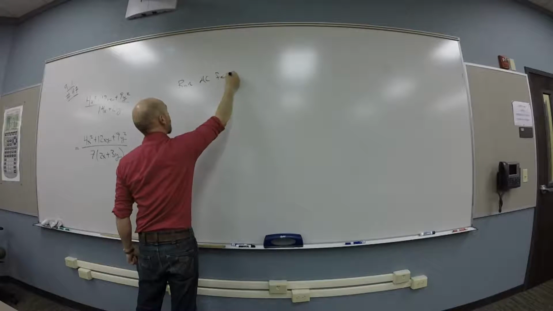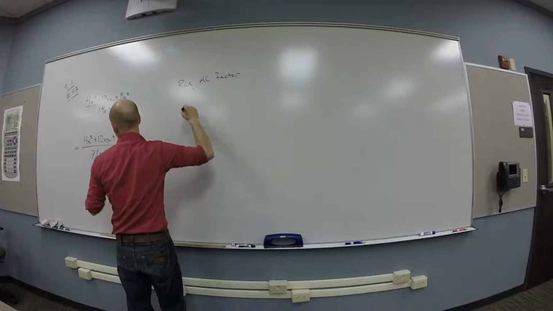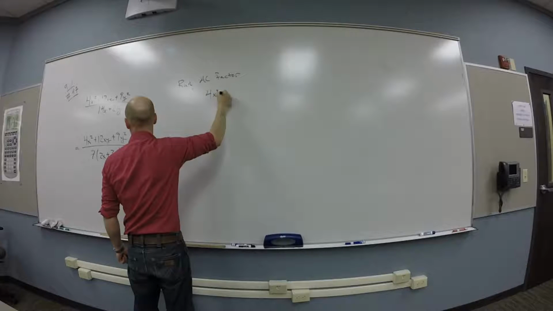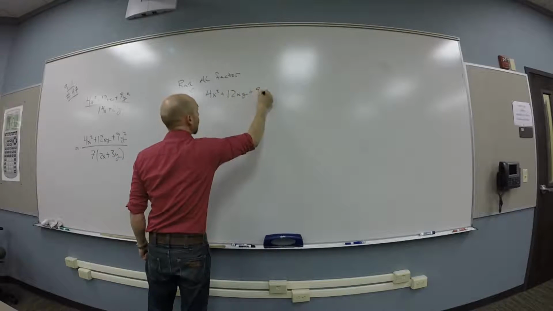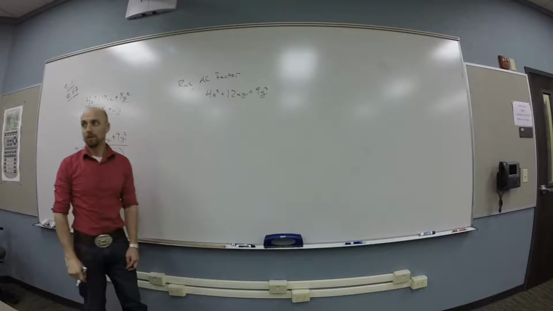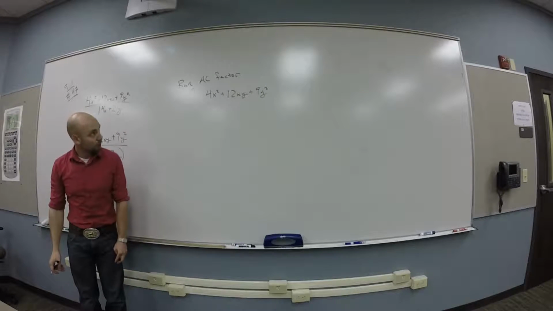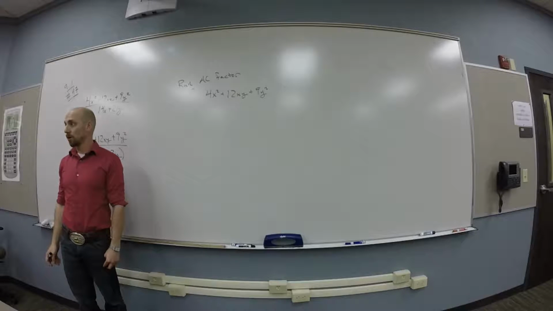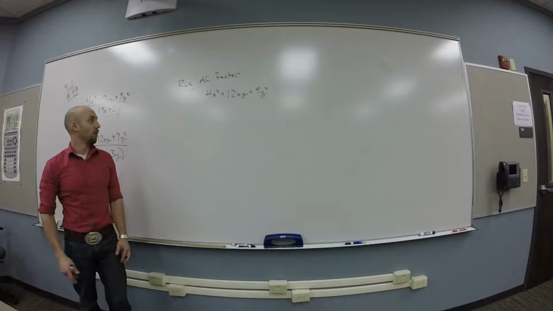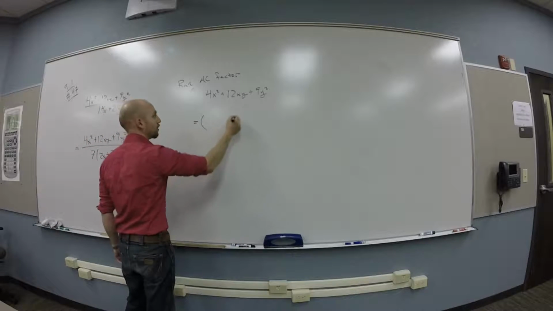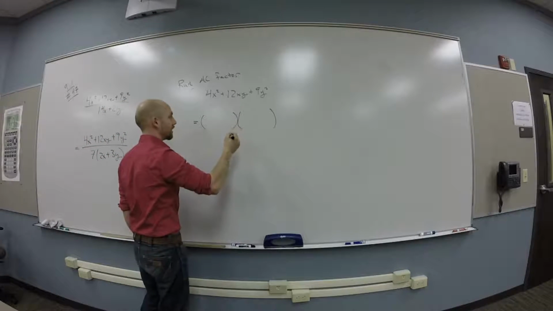So I'm just going to run AC factoring on the top. Cool. So I've got my 4x squared plus 12xy plus 9y squared. That's just the top. Now I want to say that this is equal to something with 2 sets of parentheses.